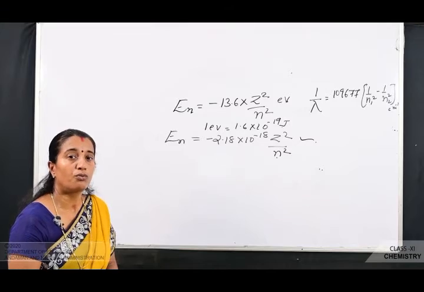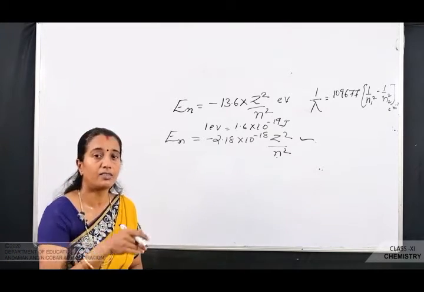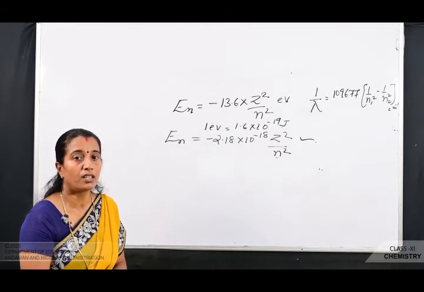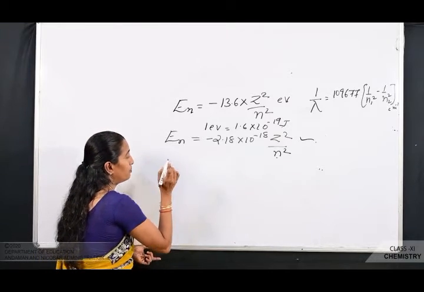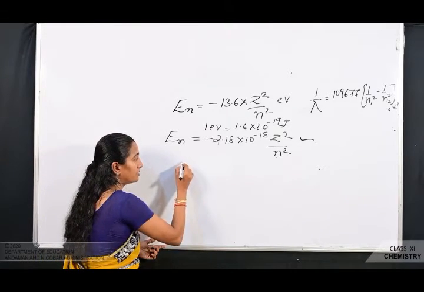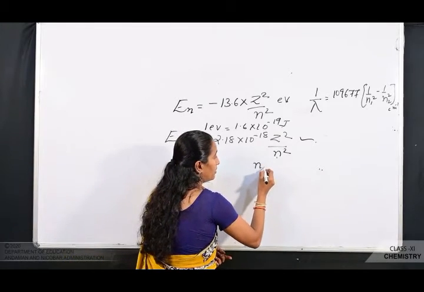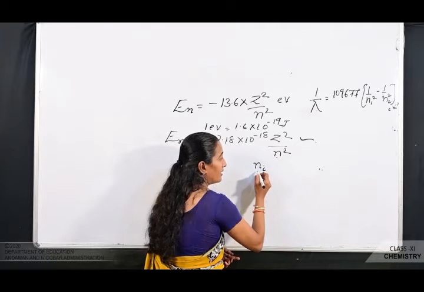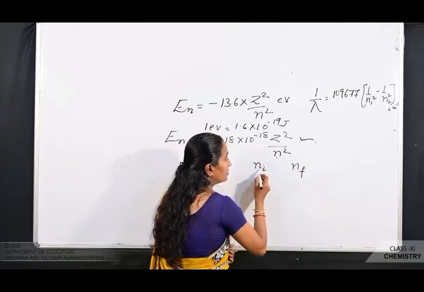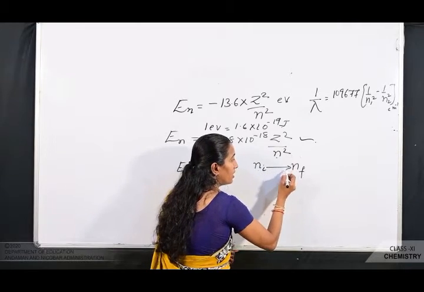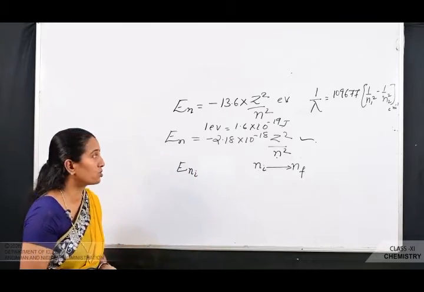So we know that when light emits radiation, the electron moves from a higher level to a lower level. Suppose the initial orbit is Ni and the final orbit is Nf. That means the electron is moving from the initial to the final orbit.